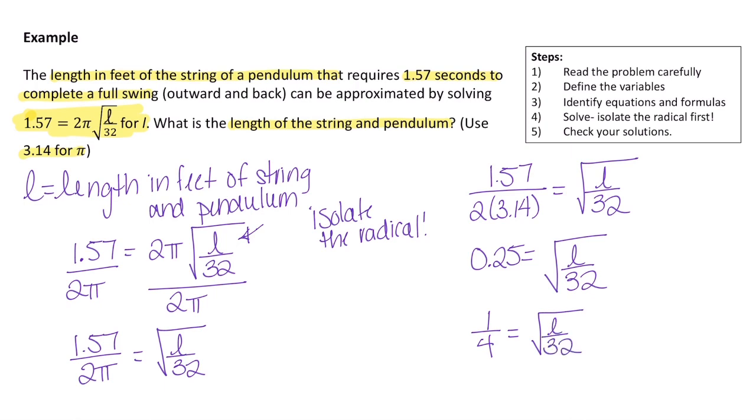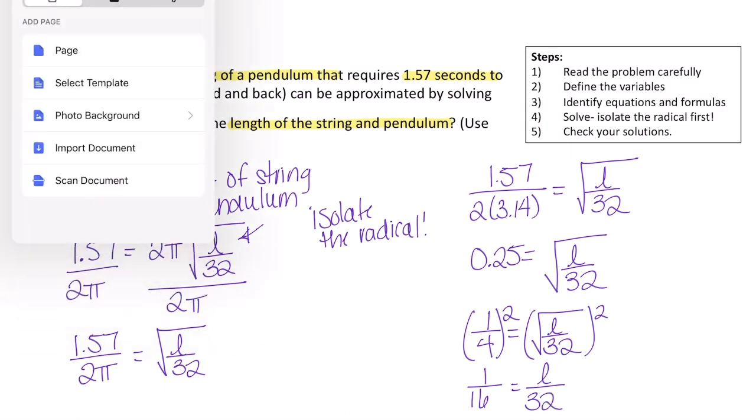Now that I have this radical, since that's a square root, I can undo it by squaring both sides of my equation. When I square both sides of my equation, I get 1 over 16 equals L over 32. Now I need to work on solving this equation for L, right? I have 1 over 16 equals L over 32.